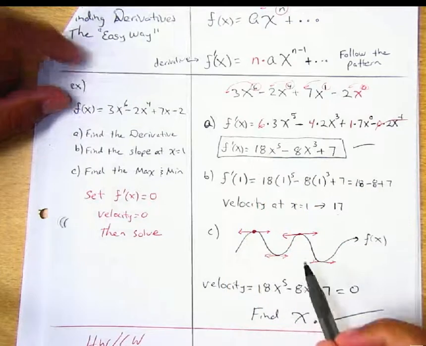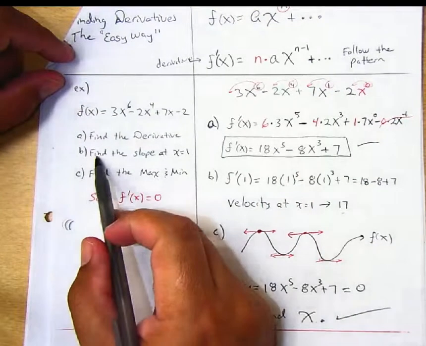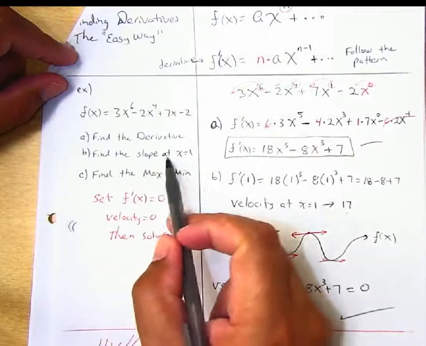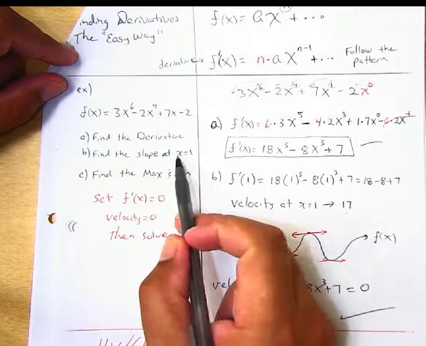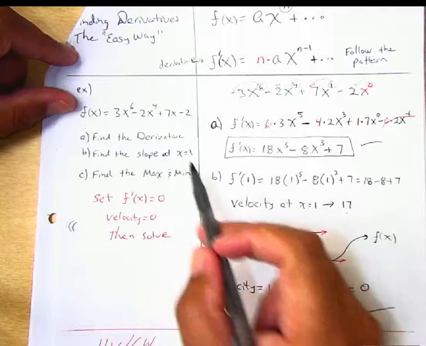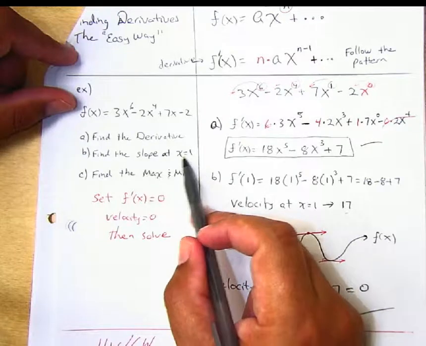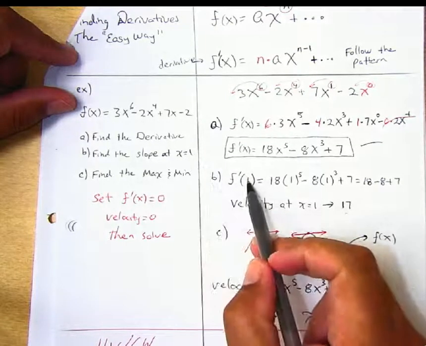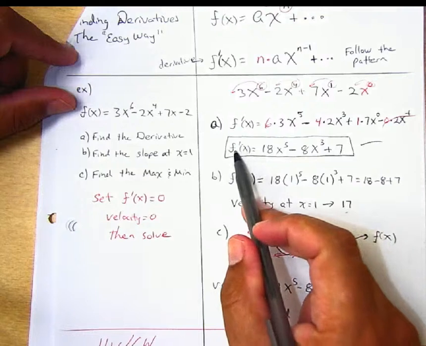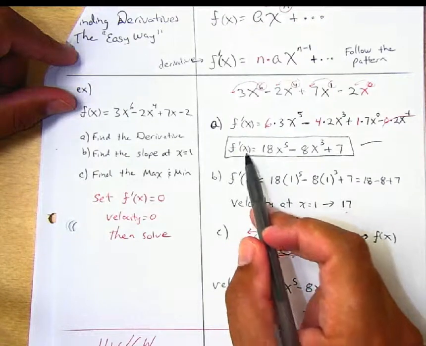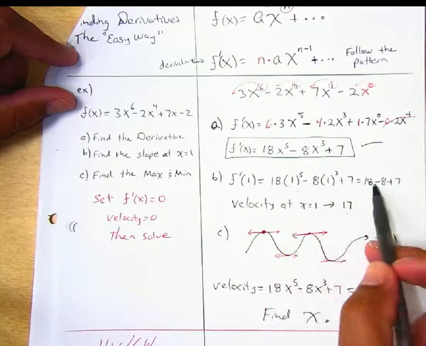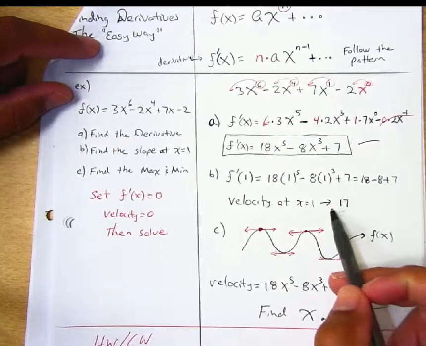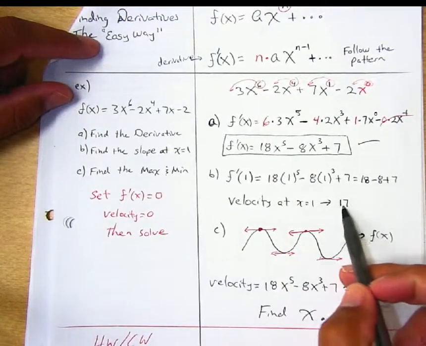Now the second question that I'm asking in the problem is to find the slope at x equals 1. So find the slope at that specific location, x equals 1. To do that, we plug in 1 to f prime of x, this equation. So we just plug it in, and we calculate, and we simplify, and evaluate that, and we get 17.